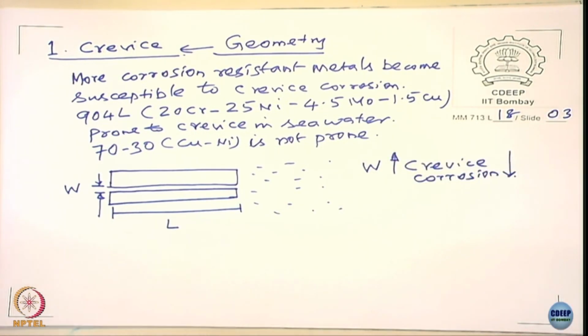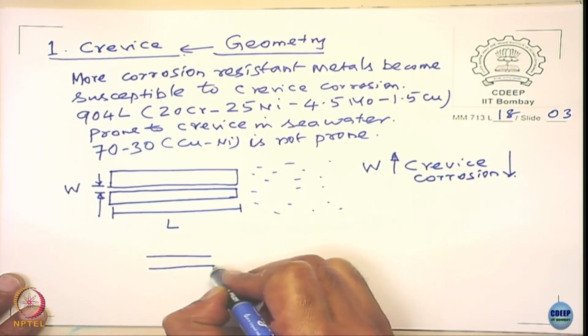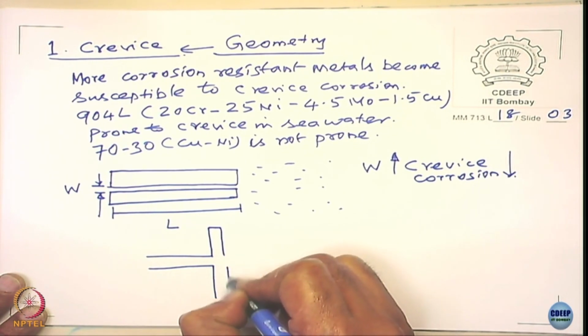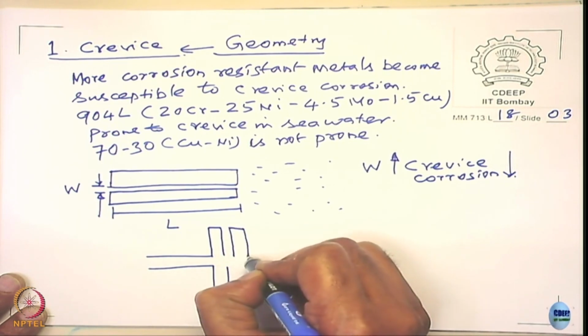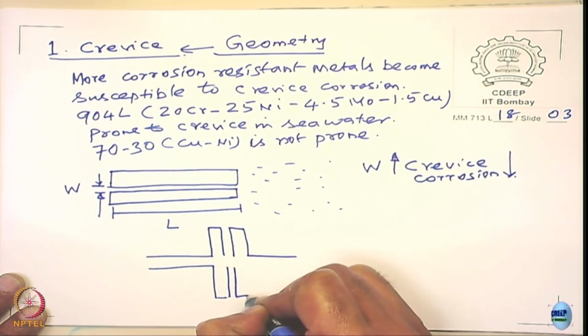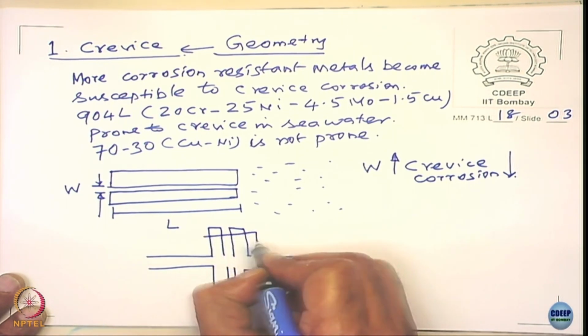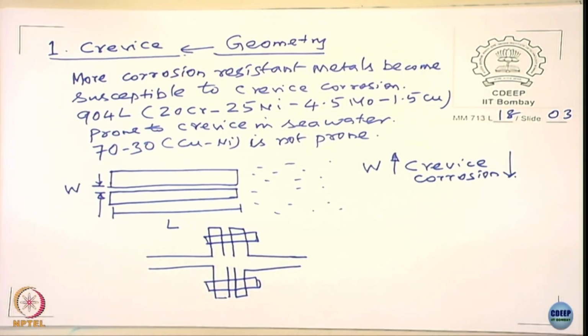If you talk about a flange joint, you might have known flanges. Suppose there is a flange joint, and I want to tighten this. From the mechanical engineering point of view, what do you expect to happen?